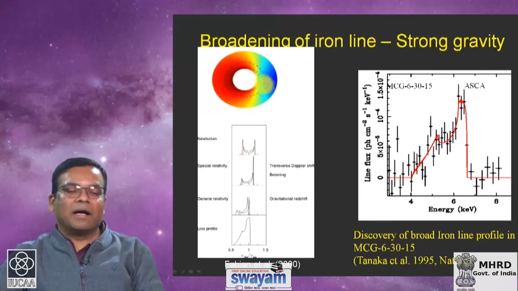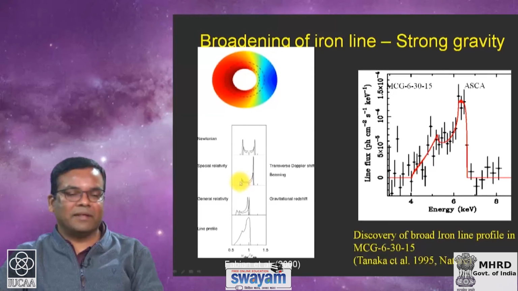Okay. Because the disk is rotating very fast with relativistic speeds, one therefore has to use special relativity to infer the line profiles. And once you use special relativity, due to the relativistic beaming, the higher energy side of this hump is increased, while the red wing of this line, or red side of this hump, is reduced, because the emission is beamed away from us.